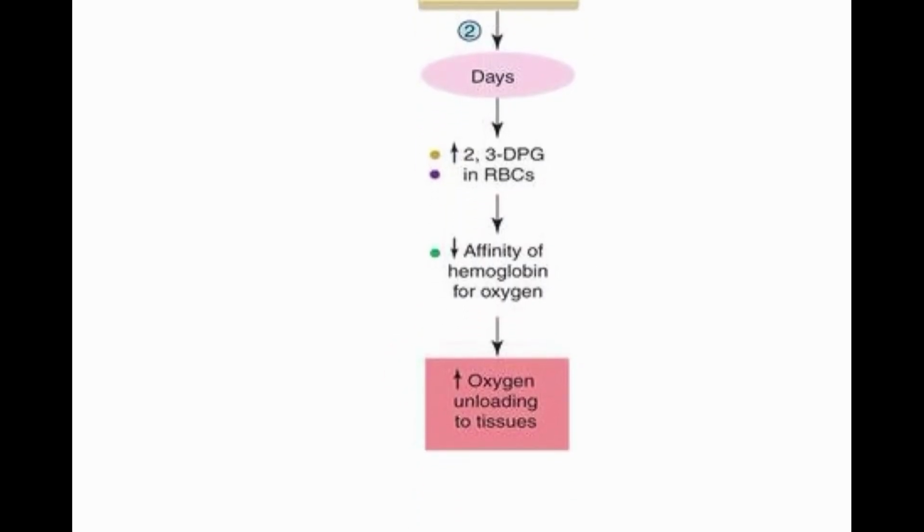But what this does at the tissue level is allow better unloading of the oxygen onto the tissues. So the immediate response, we load O2 better at the lungs. The intermediate response, we have better offloading of oxygen at the tissues, so your tissues get oxygen easier after a few days of being at altitude.